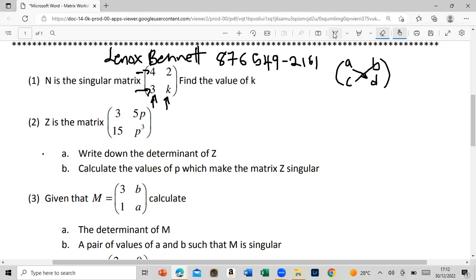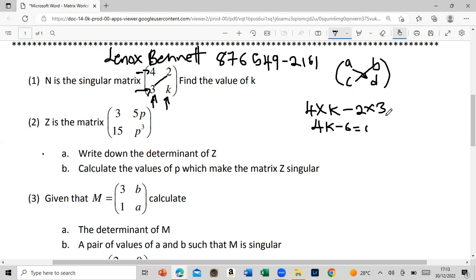As you say, it's AD, so it's 4 times K. K represents a number, right? Minus the next diagonal, which is 2 times 3. So that gives us 4K minus 6, and that must equal 0.